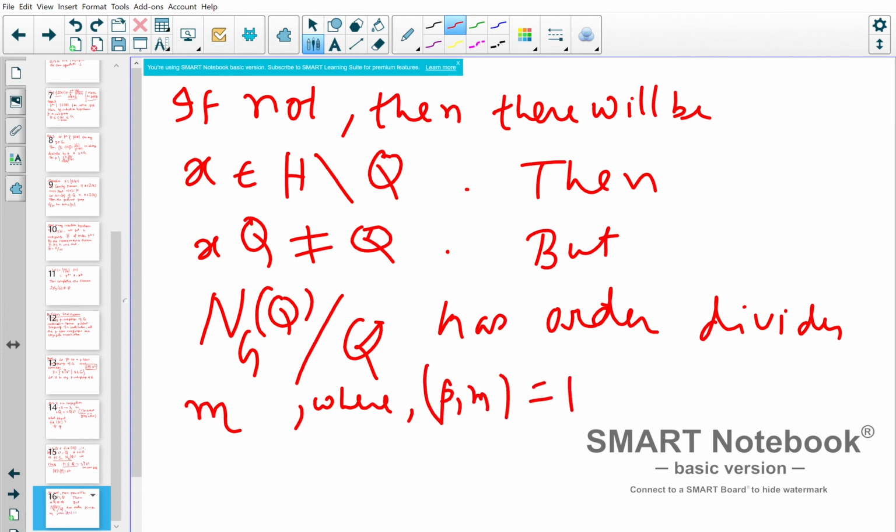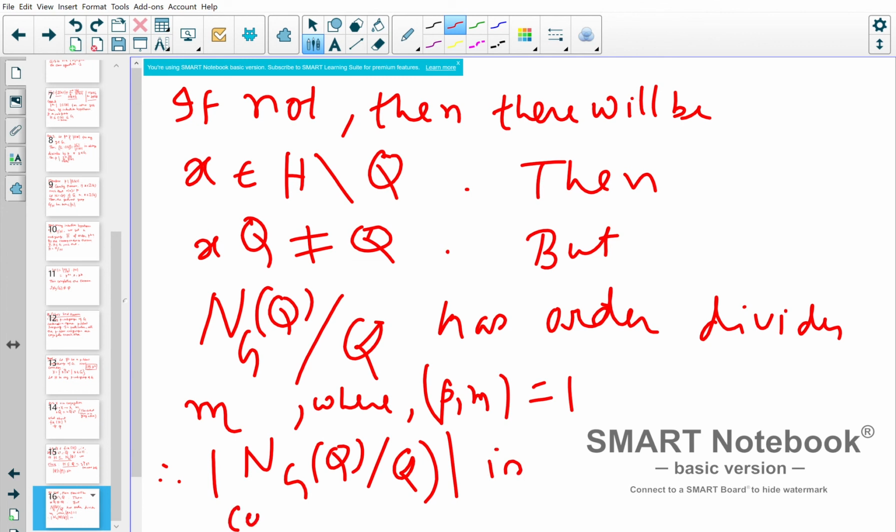Remember, in the beginning we started with p to the power r times m, where p and m are coprime. So the order of this group divides m, which means it is coprime to p, since the gcd is 1.